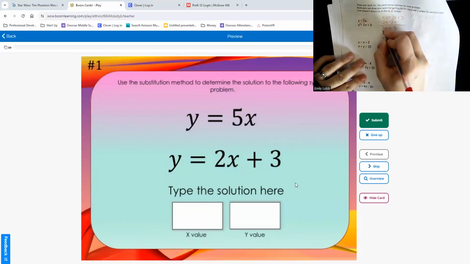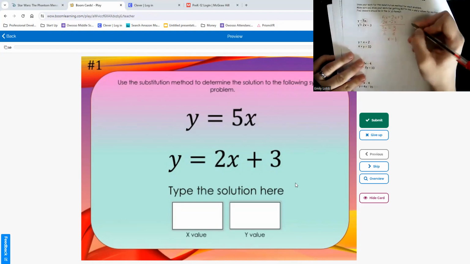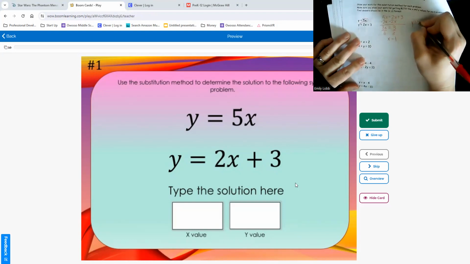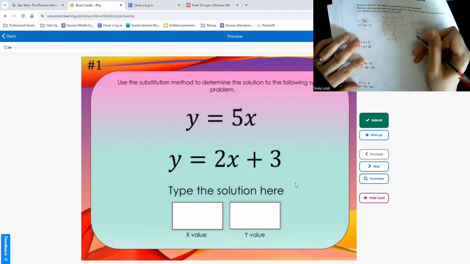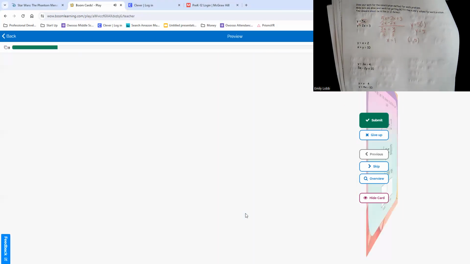Divide by 3. So if x equals 1, then y equals 5 times 1, which is 5. So this is the point 1, 5. So if I'm putting this in here, I would put a 1 in for my x value, a 5 for my y value, and then ta-da.